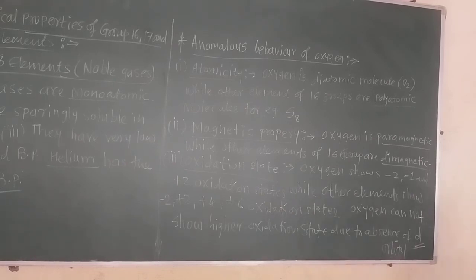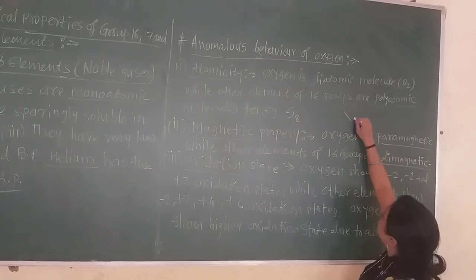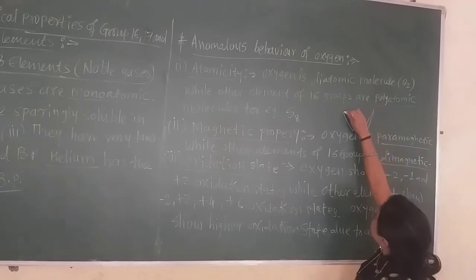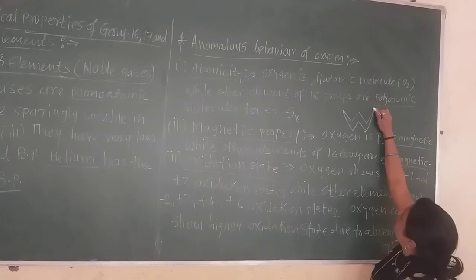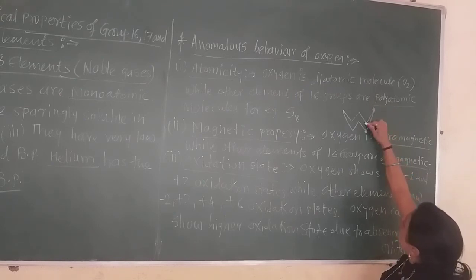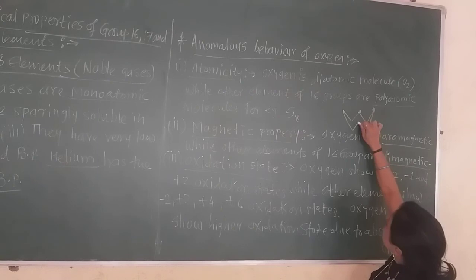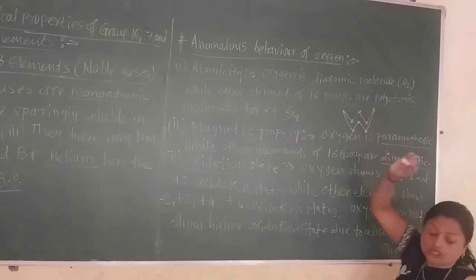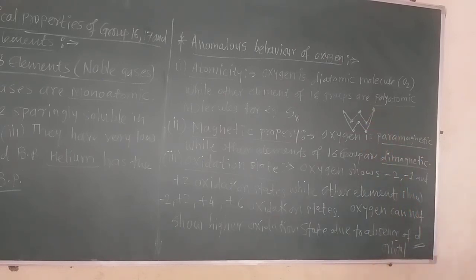You know that the shape of the sulfur molecule is like the crown of a queen. Here on the corners of this crown, there are the sulfur atoms. Now count the sulfur atoms: 1, 2, 3, 4, 5, 6, 7, 8. So 8 sulfur atoms form the sulfur molecule. Remember that the sulfur molecule has a crown shape.